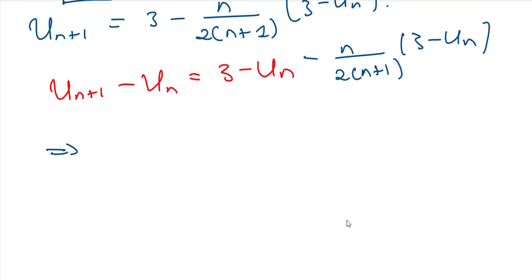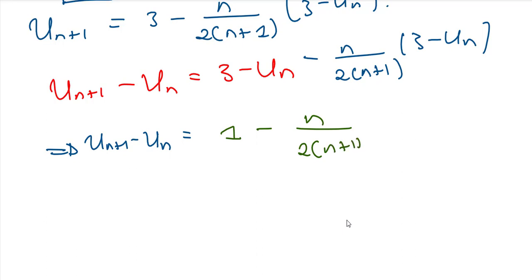Now, so what do we get? This means that our u_{n+1} minus u_n will be equal to, you see that 3 minus u_n and 3 minus u_n is common, so factor it out and keep it on one side. So what will be left here is 1 minus n divided by 2(n plus 1), all of this multiplied by 3 minus u_n.